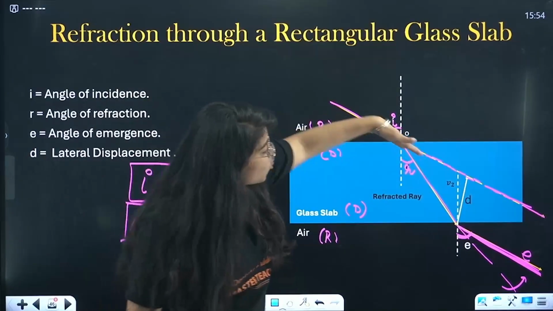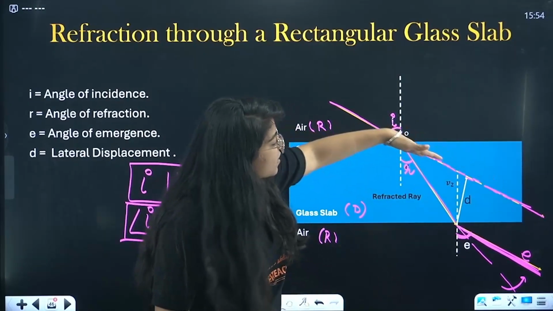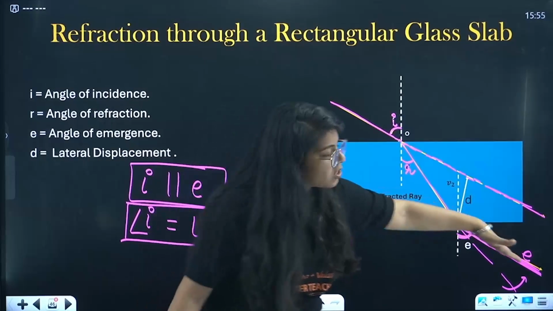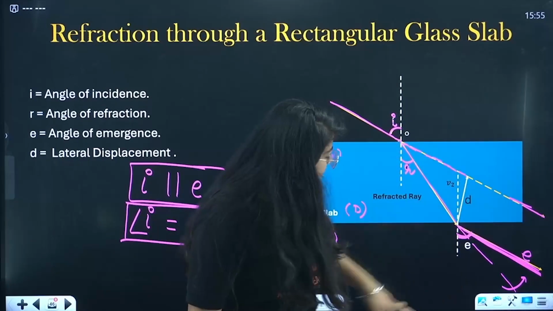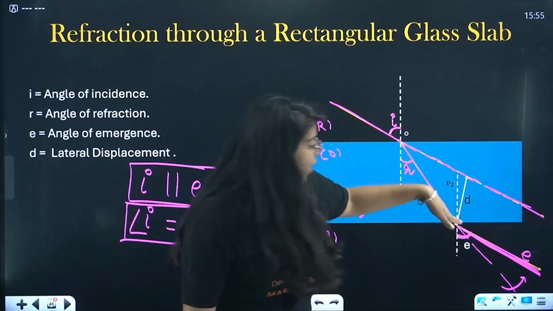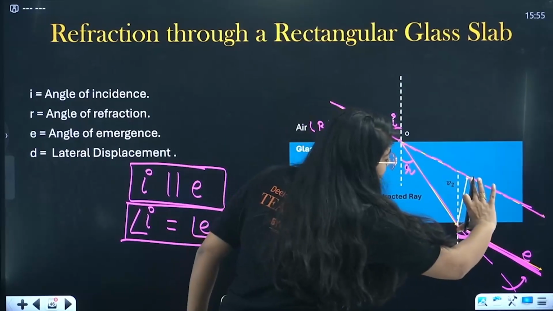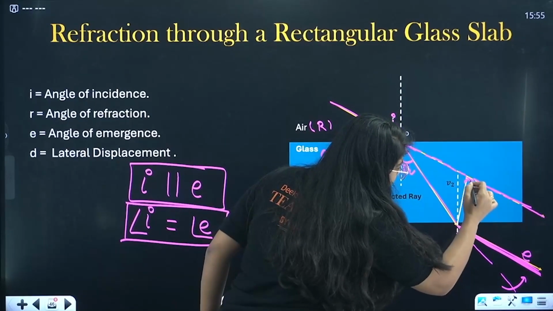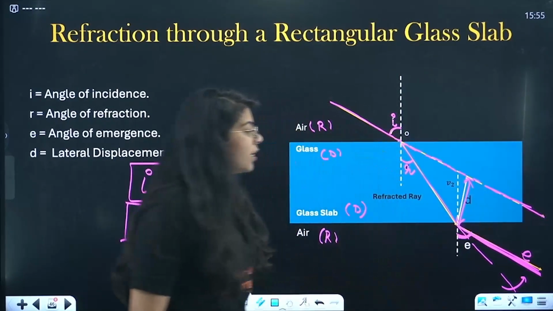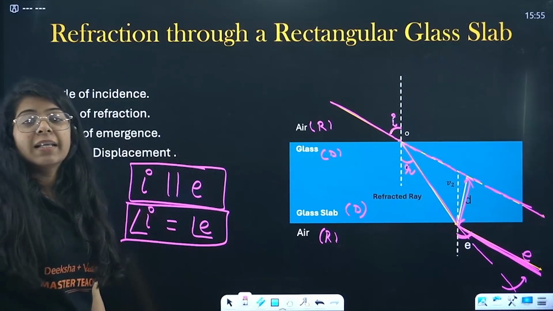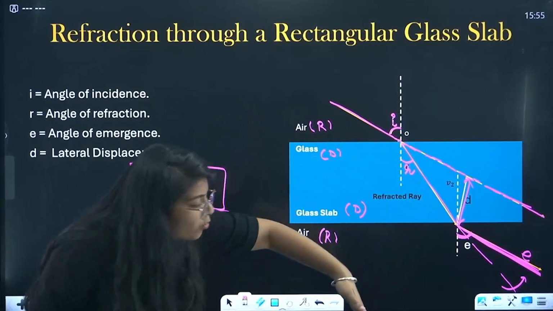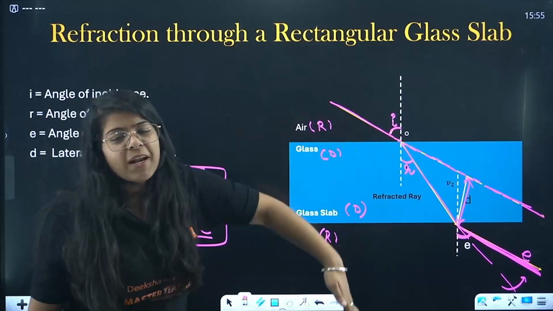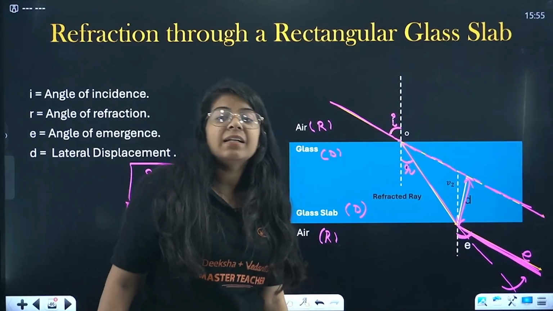Actually, the ray should go like this, but it just got displaced and goes like this. It's parallel, but instead of coming out from here, it is coming out from this point. This displacement between the incident ray and emergent ray is called lateral displacement.